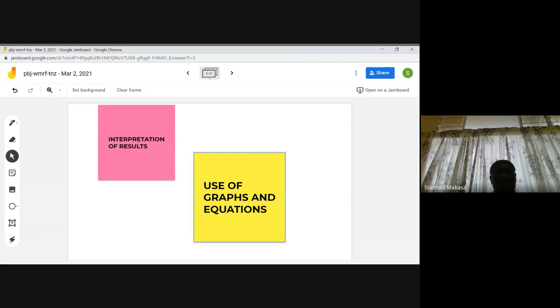So when we have collected our biomass, we have to draw some graphs, and we may have to use some equations. I'm going to start with a graph which you may be familiar with.